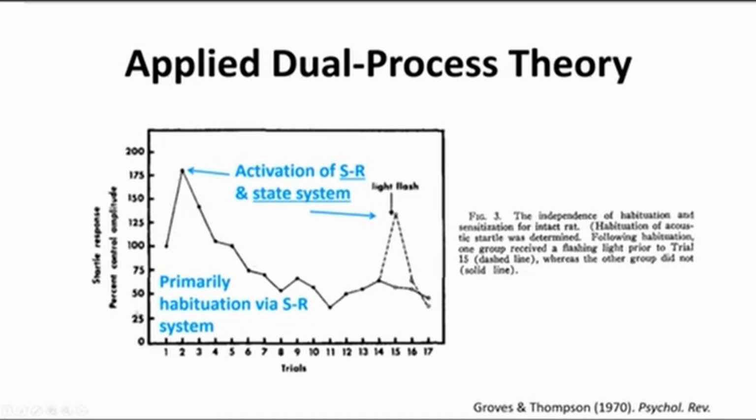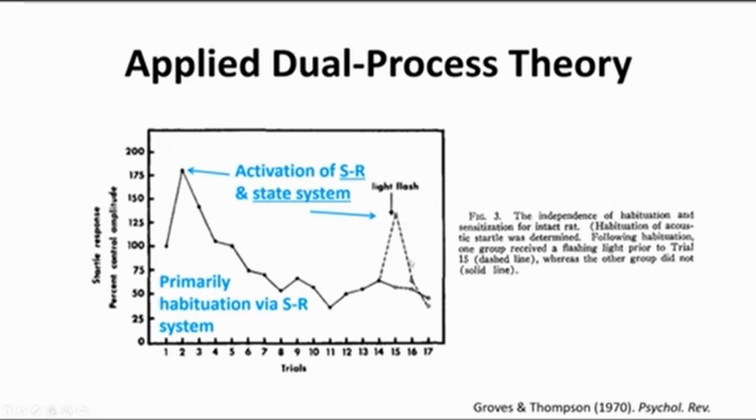And if we wanted to look at that startle response in rats, so magnitude of startling versus trials here, we have an original activation of our state system to show that increased responding, so a sensitization effect at the beginning, and then the SR system is active as well down here as we see habituation. So we would expect in this area here that we're seeing more of a habituation process than a sensitization process for a net habituation. And then here we see this interesting inclusion of data where they introduce a light flash. So that's a new kind of eliciting stimulus.